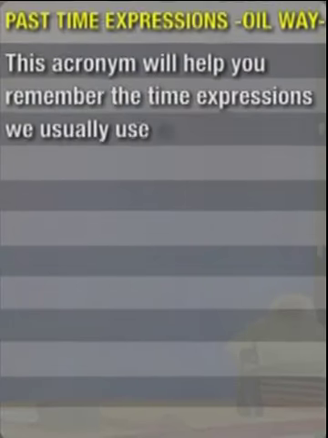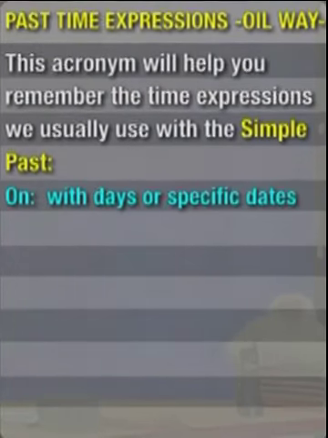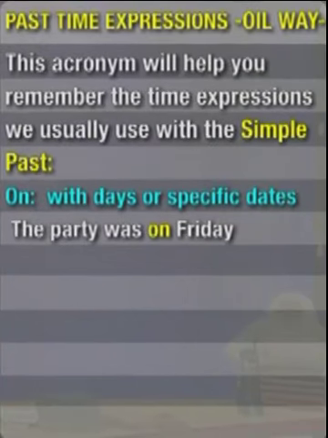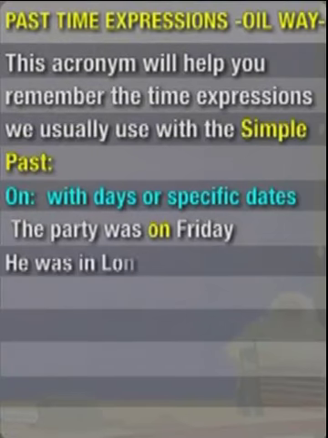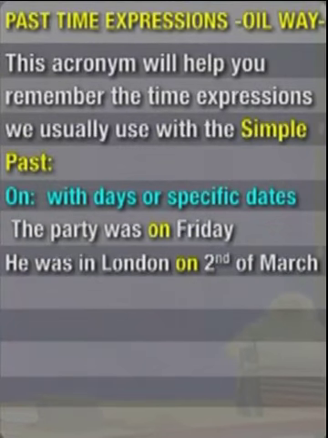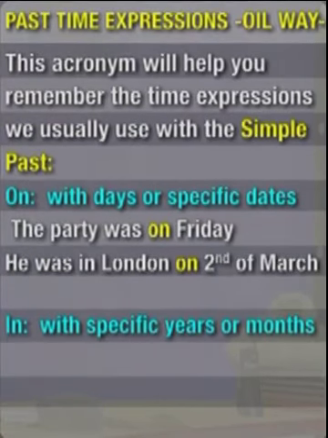So, the same way. On we use with days or specific dates. So, the party was on Friday. Or he was in London on the 2nd of March. Okay, the date. Then in with a specific year or with months.